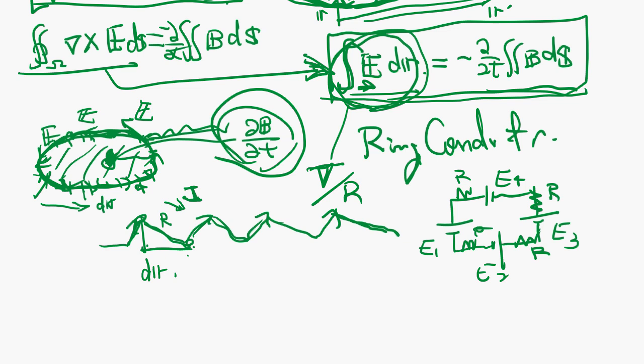Divided by R, it is going to create current, right? So the change of B causes the current. Okay. So this is the fourth Maxwell's equation, integral format.